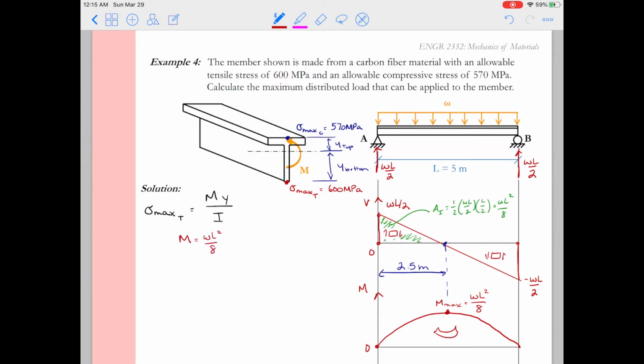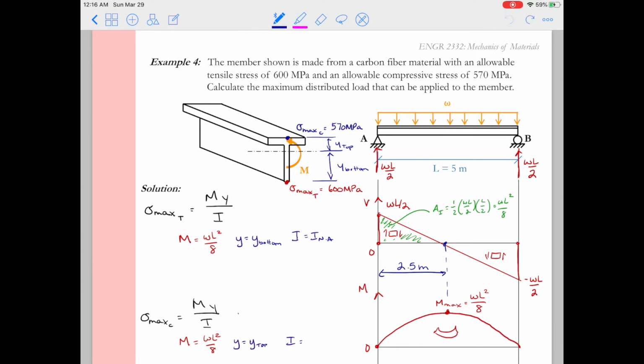So when we look at the distance y in our formula, y is going to be the distance to the bottom of the cross section. Whereas when we look at the maximum compression stress, we want to use y to the top of the cross section. And that's all relative to our neutral axis, which is shown by the dashed and dotted line there in the center of our cross section.